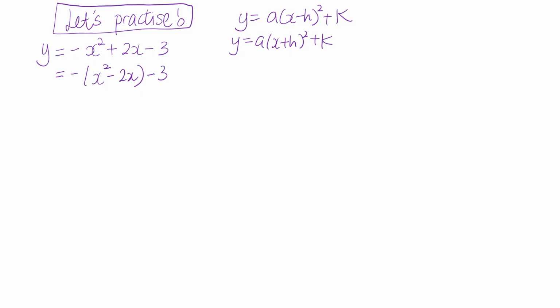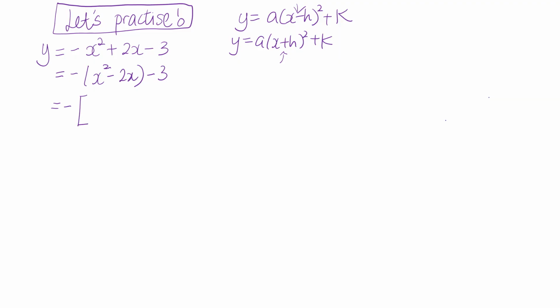If the sign inside this bracket is negative, then of course it will be in this form. If it's positive, then it will be in this form. So we will do one with positive and one with negative, not to worry. Then the next step is we need a square bracket.